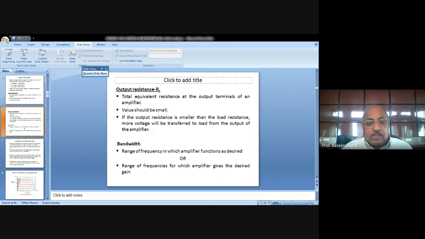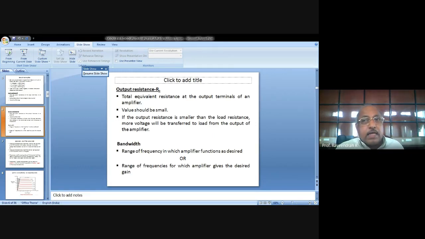Because if there is no DC isolation, what happens? The DC condition of the first transistor will be connected directly to the second stage transistor amplifier. That will disturb the operating point and shift it to a different region. So that's why we give coupling capacitors on both the input side and output side.